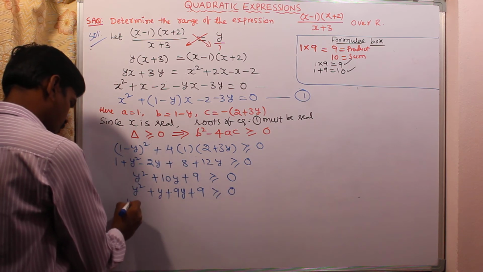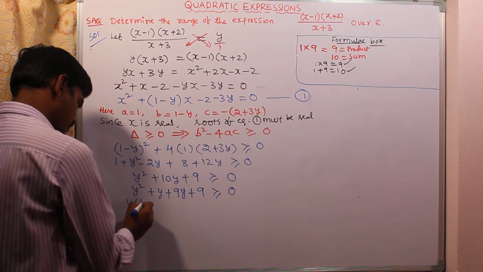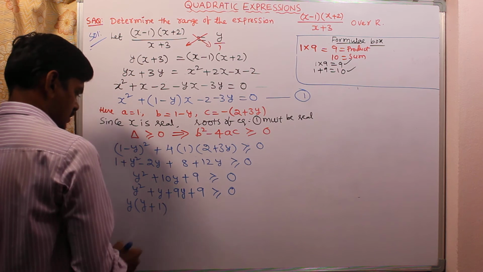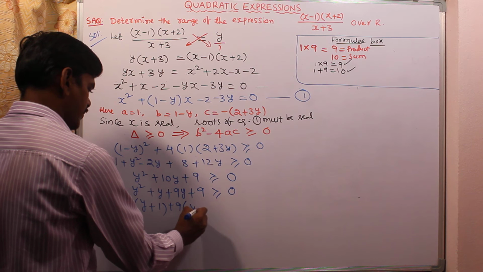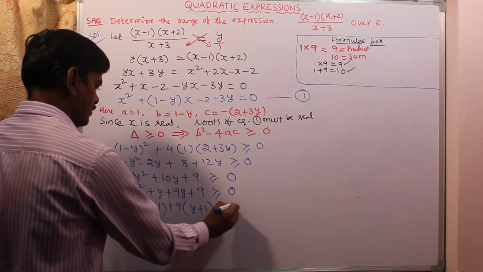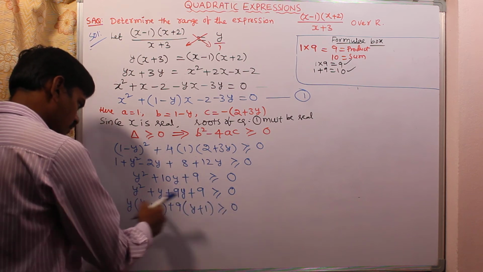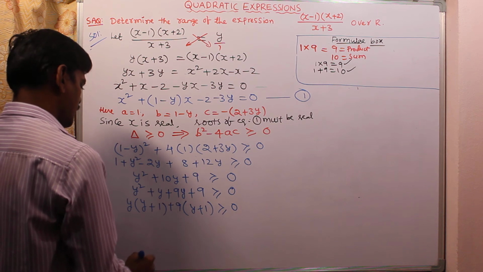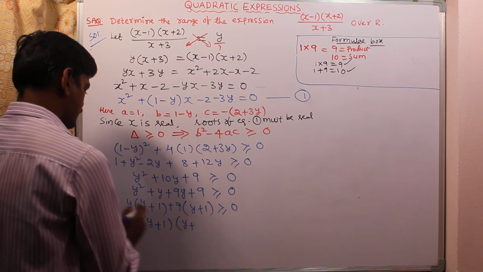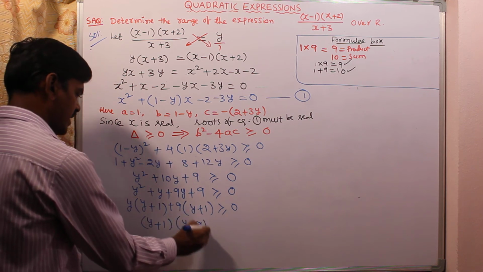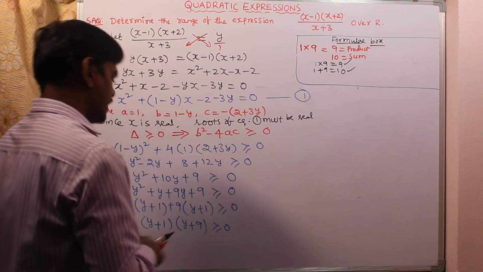Now we can take y common: y plus 1 will remain. Plus 9 we can take common: y plus 1 is greater than or equal to 0. Overall we get y plus 1 as the common term. On taking y plus 1 common, y plus 9 will remain, greater than or equal to 0.